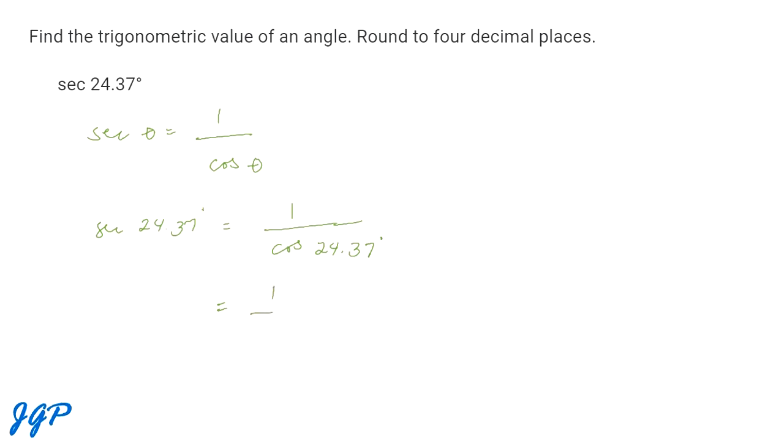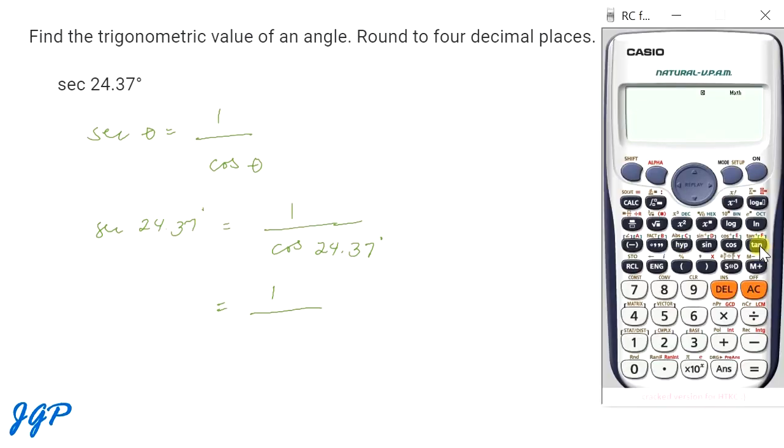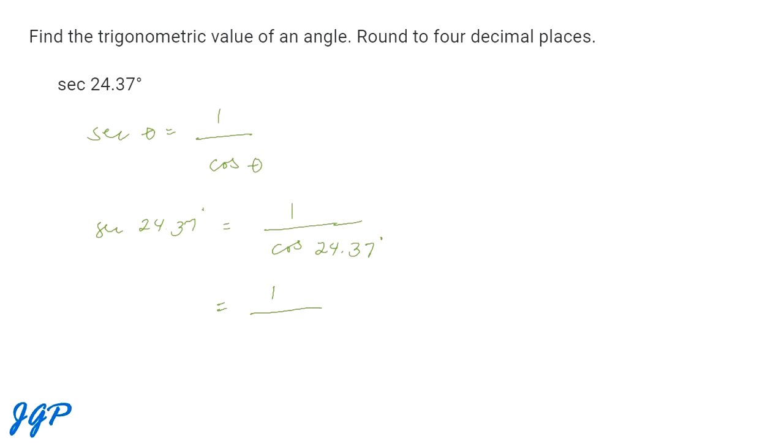So, press natin sa calculator ang cosine 24.37 degrees since that is located now in our trigonometric button. So, may cosine tayo. So, press cosine 24.37 degrees. So, equal. So, we have now 0.91089983969.